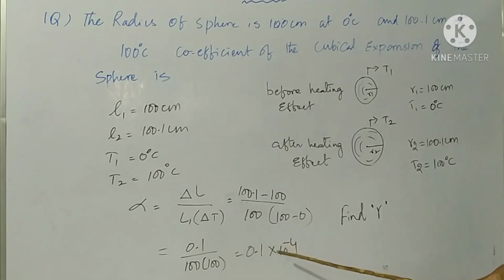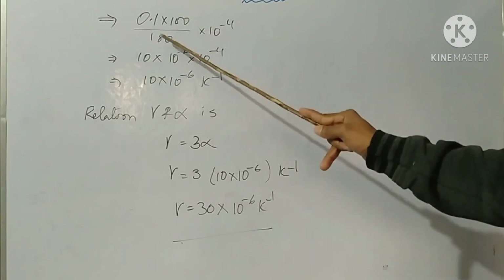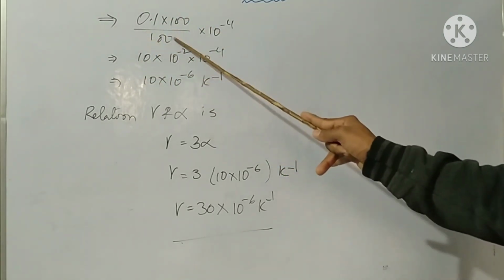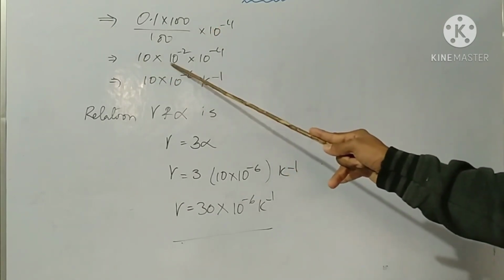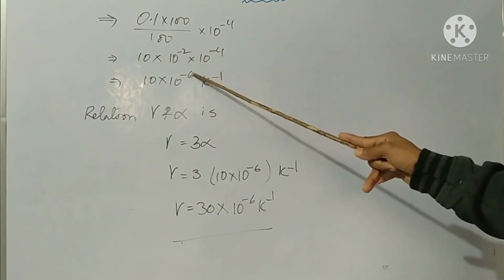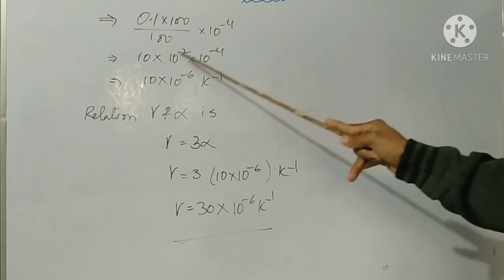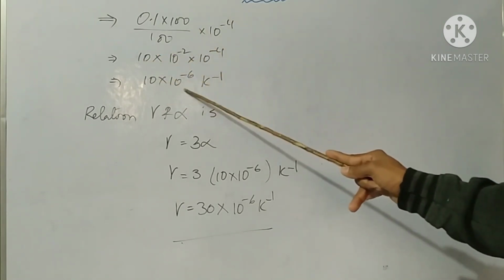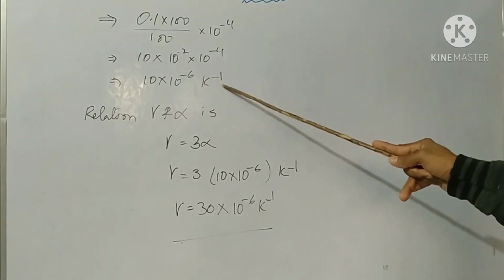Change it in terms of 10 power minus 6. So 0.1 into 100 divided by 100. Transposing this 100 into the numerator, 10 into 10 power minus 2 into 10 power minus 4. Here 10 power minus 2 and 10 power minus 4 give 10 power minus 6. So 10 into 10 power minus 6 Kelvin inverse.